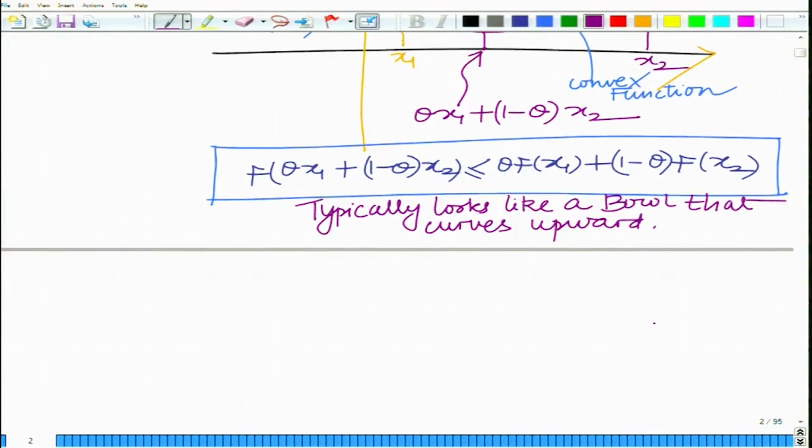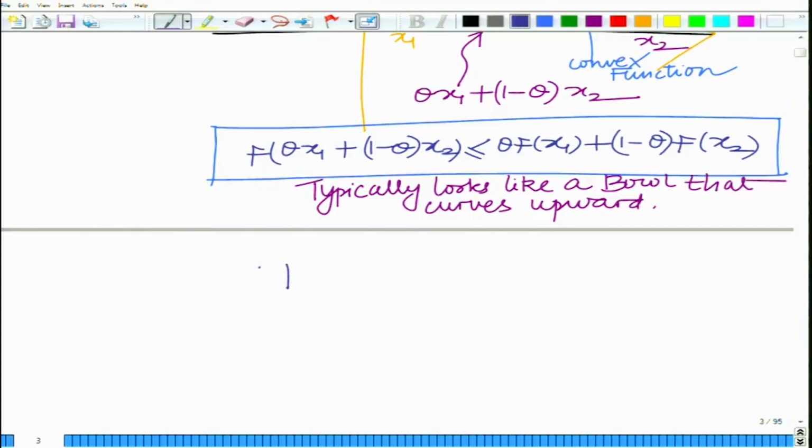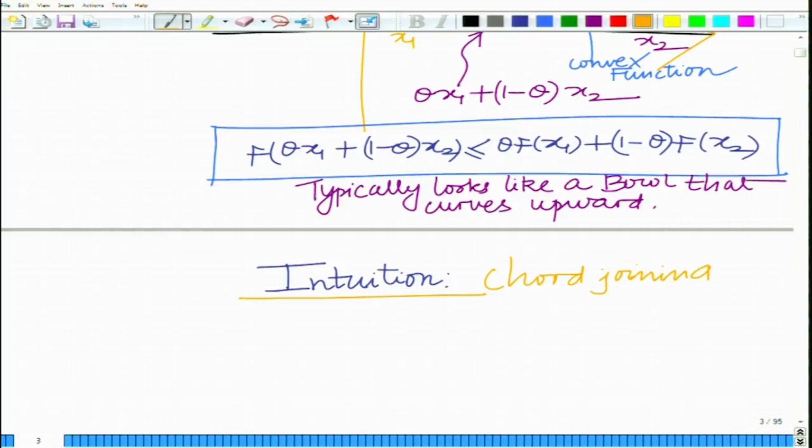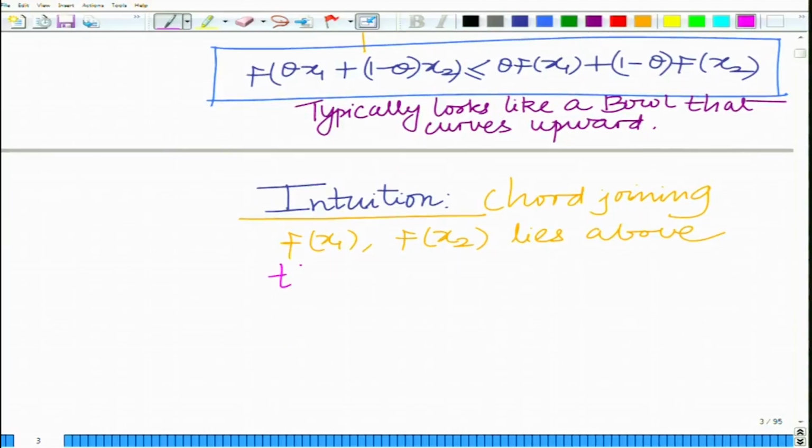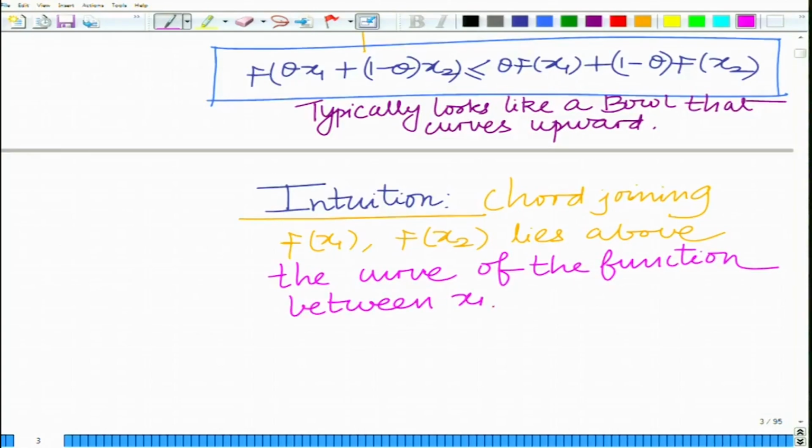Okay. And what this means intuitively, the intuition is that the chord joining f of x1 comma f of x2 lies above the function, the curve or the plot of the function between x1 and x2, all right.